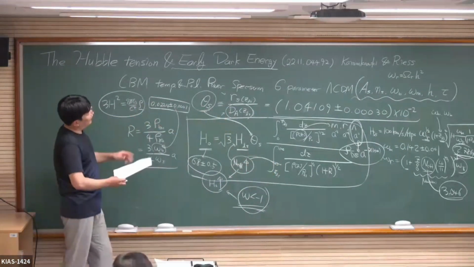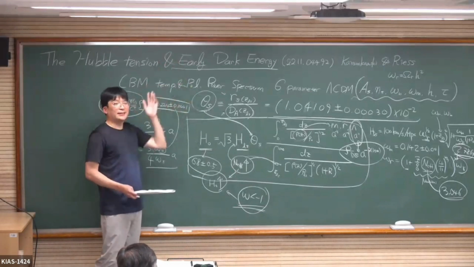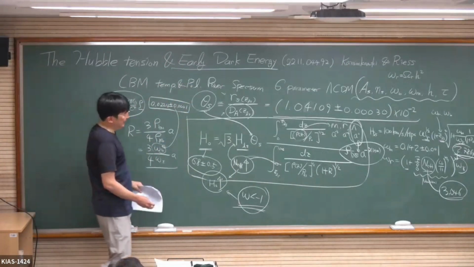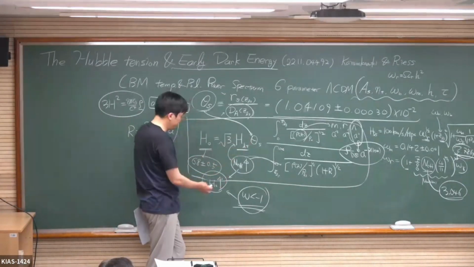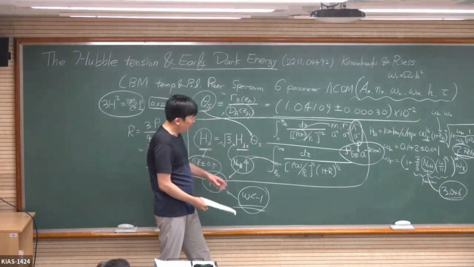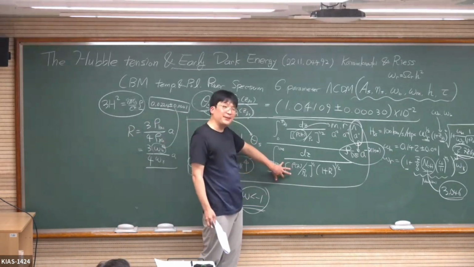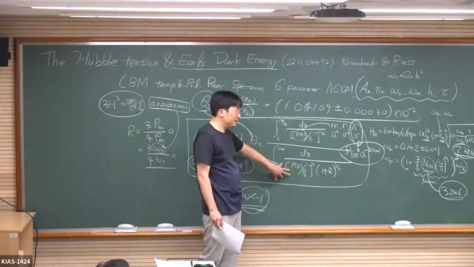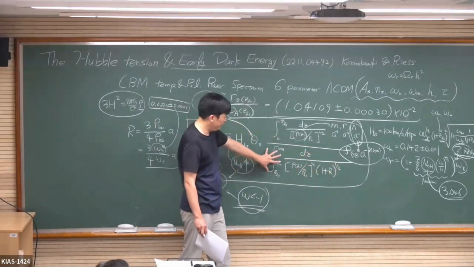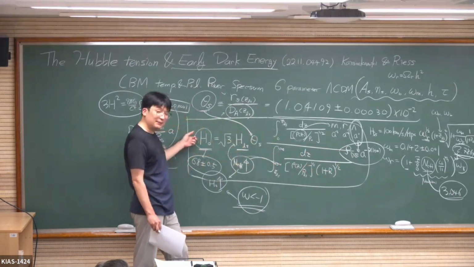And then the rest of this paper is about early dark energy, and as Changbom correctly pointed out, that's exactly what they did. They want to make H naught bigger by adding some component early on, making this whole thing smaller. If you make the denominator bigger, then you make H naught bigger.